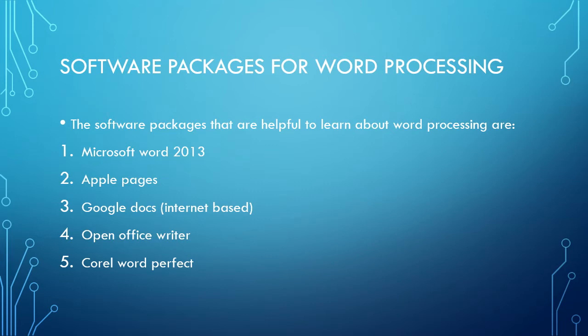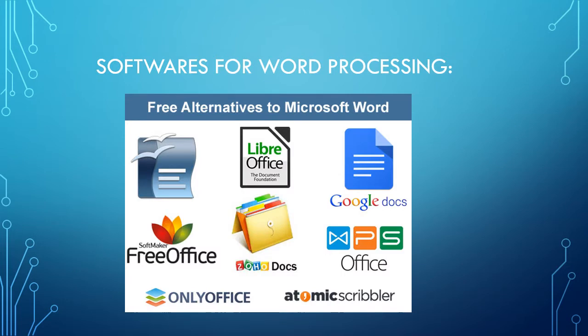The next one is Apple Pages, and the third one is Google Documents. Google Documents is a web based application software. And the fourth one is OpenOffice Writer and Corel WordPerfect. So those are all the software packages which help to make better word processing.